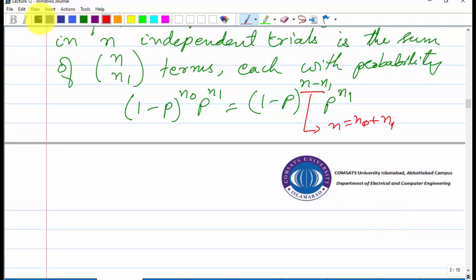So let's define a theorem to complete this definition.